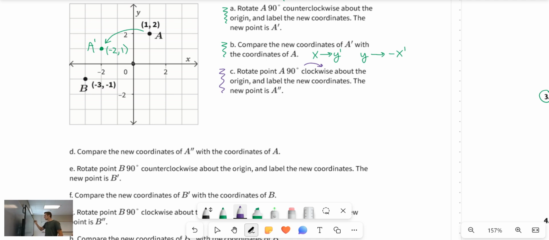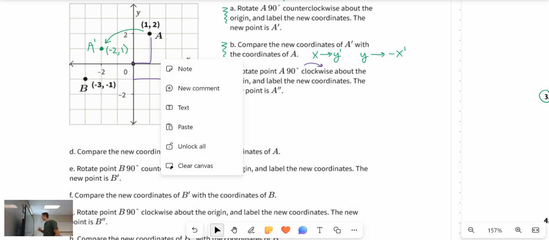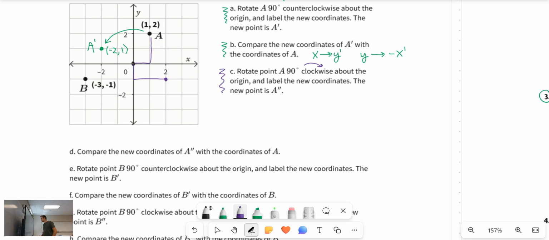It's sort of like this L shape, so if we rotate down, it has to become an L shape like this. So our new point is going to be here. We do know that this is going to be A double prime.